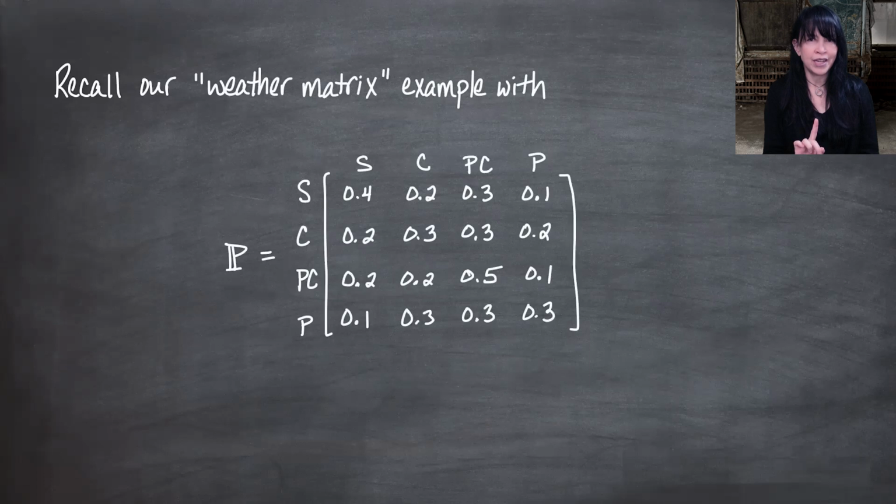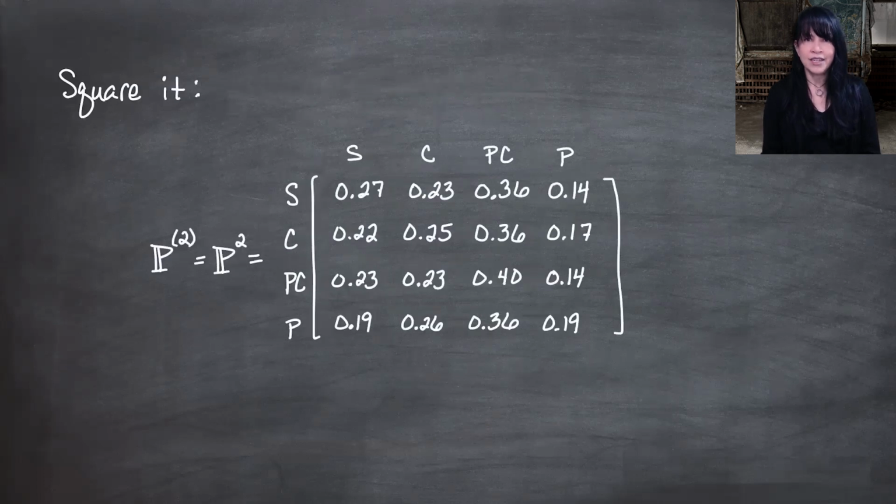I'm going to square it, and as you know, if I square this matrix, it becomes a matrix of two-step transition probabilities. So here I've squared it. This notation, this superscript in parentheses, is meant to say this is the transition probability matrix of two-step transitions, but the Chapman-Kolmogorov equations told us that this is equivalent to squaring the matrix, so that's the notation I'm using here, and this is the square of the matrix.